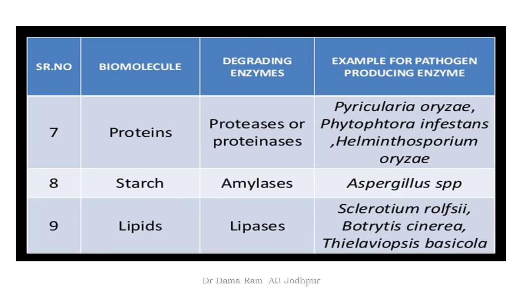After entering into the host cell, or in contact with the host plasma membrane, they degrade protein, starch and lipid. The protein degrading enzyme is protease, the starch degrading enzyme is amylase, secreted by Aspergillus species, and the lipid degrading enzyme is lipase.